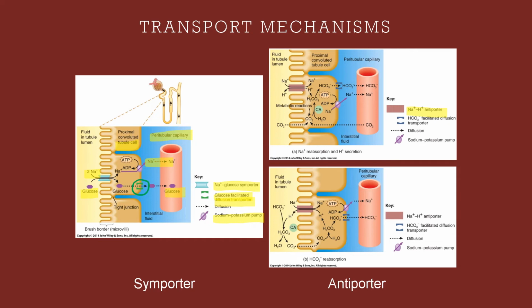They're going to carry sodium down its concentration gradient into the tubule cell, because remember, the concentration of sodium within cells is going to be very low compared to outside of cells. So it's going to be down its concentration gradient. And at the same time, hydrogen is going to be moved from the cytosol into the lumen.